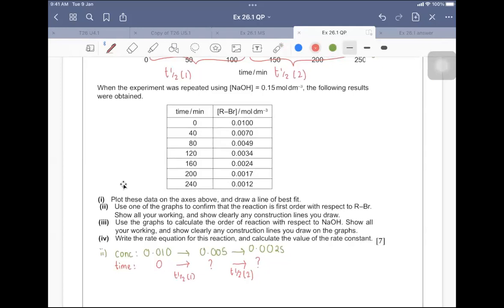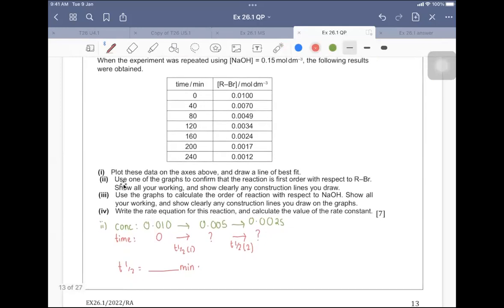So how would you write down the answer for that? You would say the T half is whatever value you find, and the successive half-lives are, actually I can just say the half-life is constant.